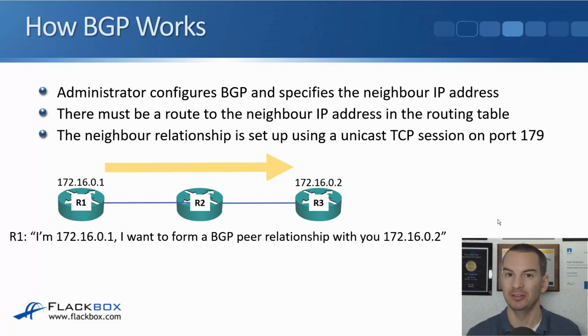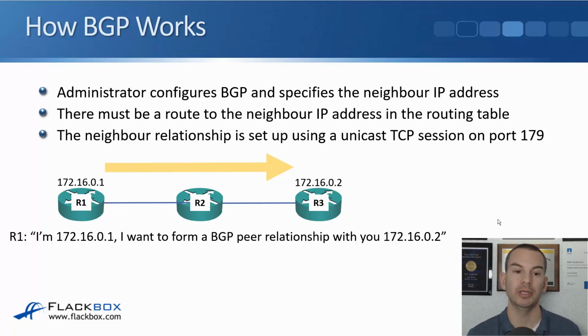In BGP, we can't do that. They're often not directly connected. So what you, the administrator, do is configure BGP and specify the neighbor IP address. And obviously there must be a route to that neighbor IP address in this router's routing table so it knows how to get there. The neighbor relationship is set up using a unicast TCP session on port 179.